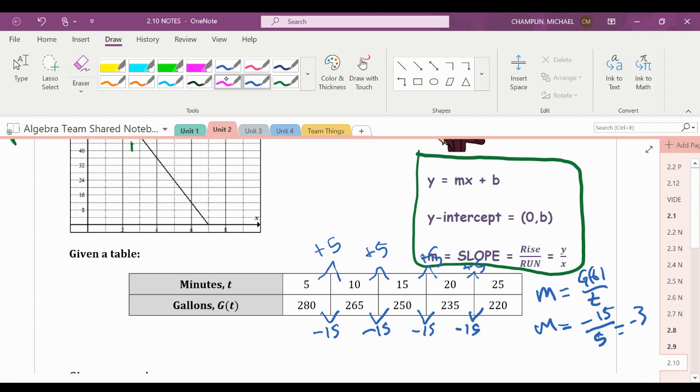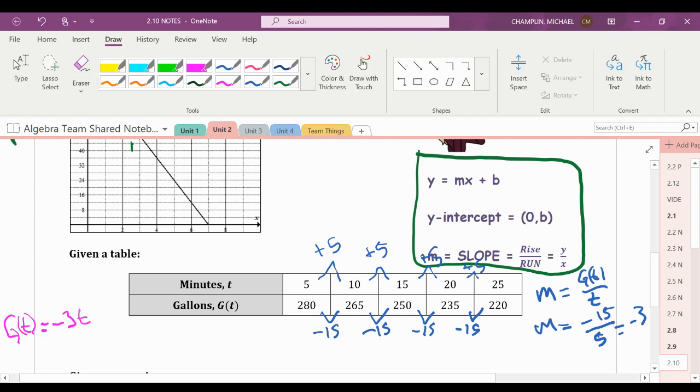So if we start our function, I have f of x equals my m is going to be negative 3. Oh, it's not f of x. I can feel you guys correcting me in the background. It is g of t, which means it's negative 3 times t.